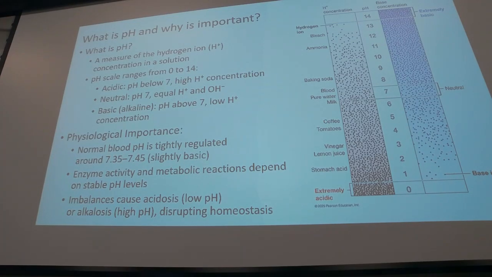And they are located in areas where we have acidic fluids and areas where we have basic fluids. And then imbalances can cause acidosis or alkalosis, disrupting homeostasis.